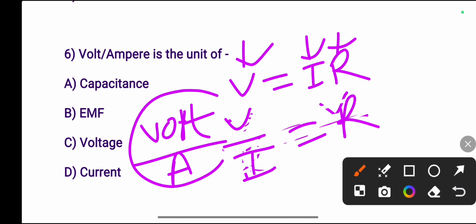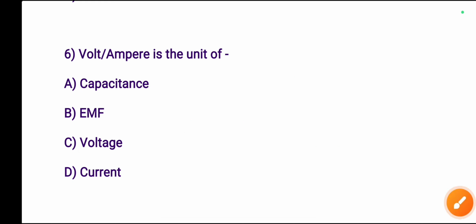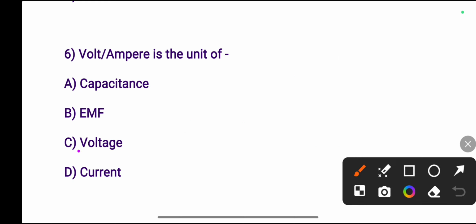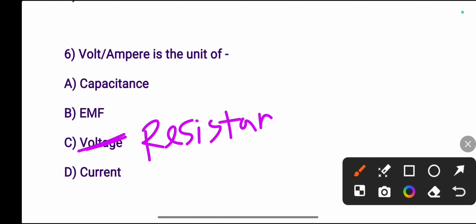So volt by ampere is the unit of resistance. The options are wrong here. It will be resistance. Volt per ampere is the unit of resistance.